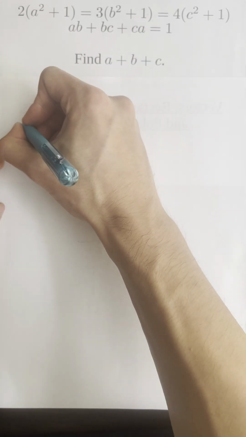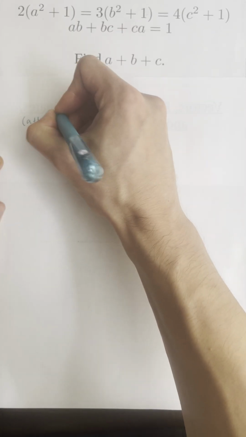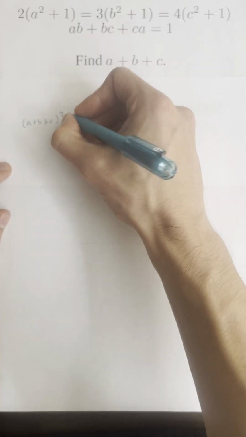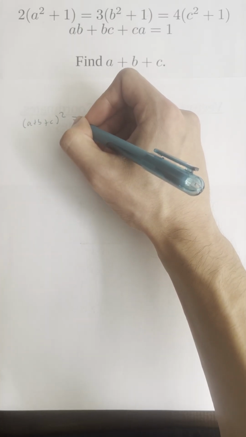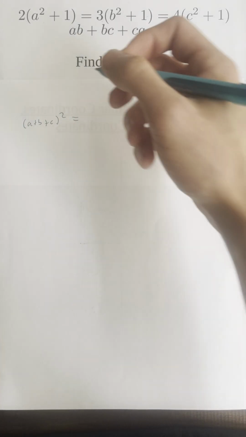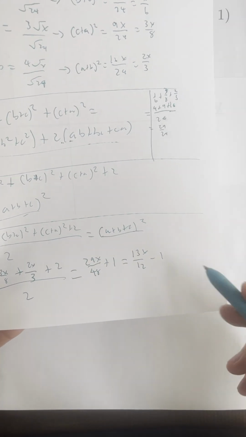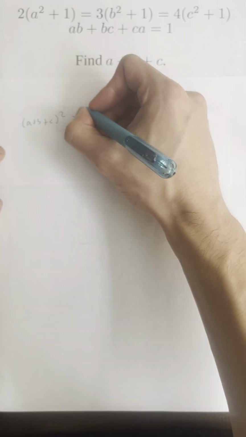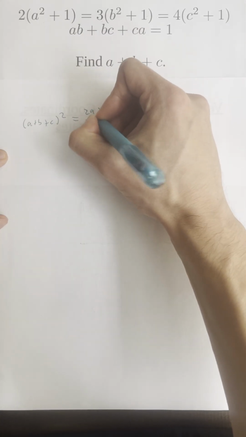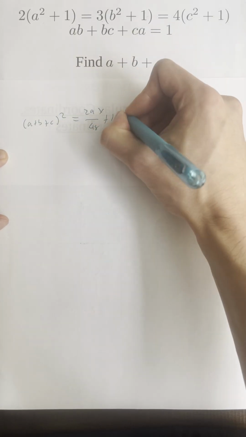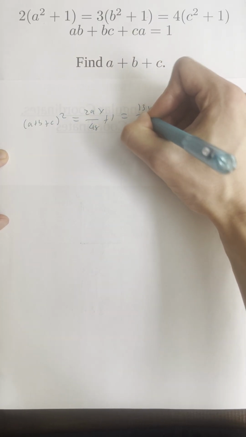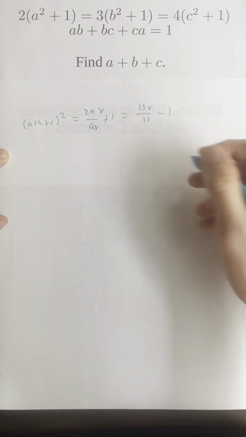So we got a plus b plus c squared is equal to 29x over 48 plus 1, which is equal to 13x over 12 minus 1.